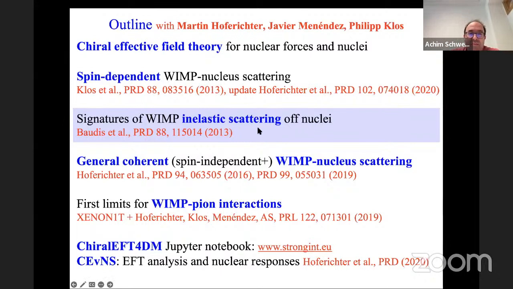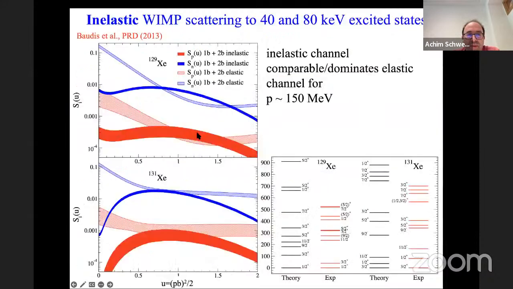Okay, so let me talk about this detection channel because it's very interesting. Here's the spectrum again for the odd mass xenon isotopes, and you already saw that they have this structure. For xenon 129, the excitation energy is 40 keV, and for xenon 131, it's 80 keV. So if you increase the momentum transfer in this elastic scattering experiment, at some point you will open up an inelastic excitation: you take the nuclear ground state and you excite it.